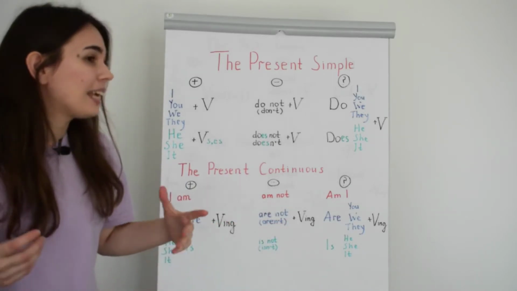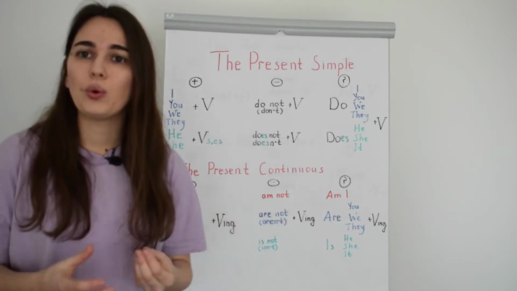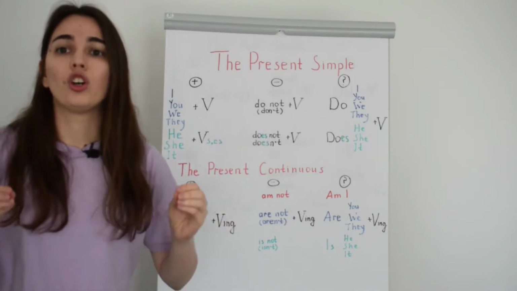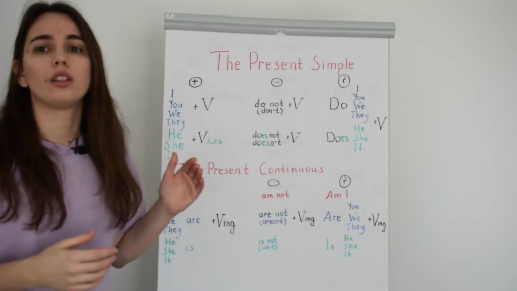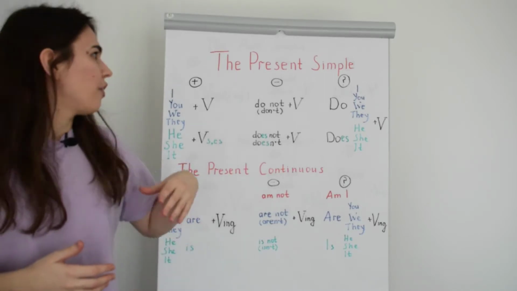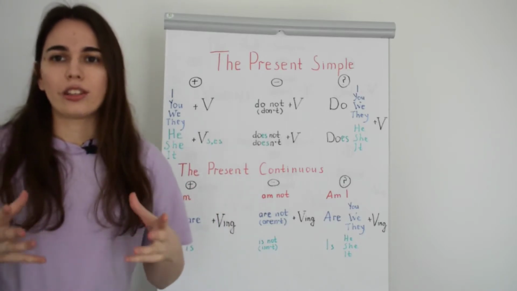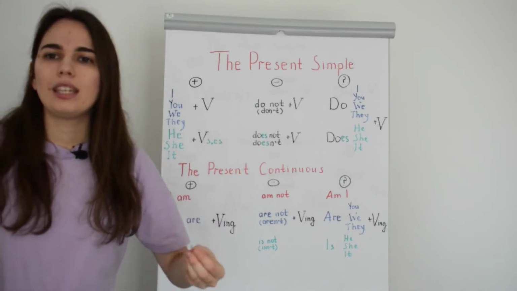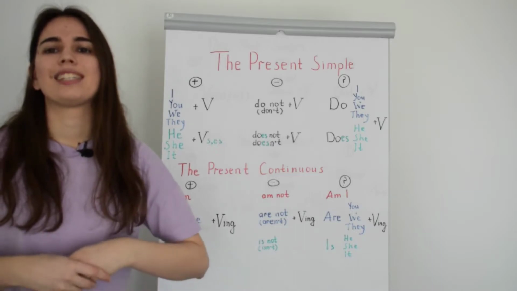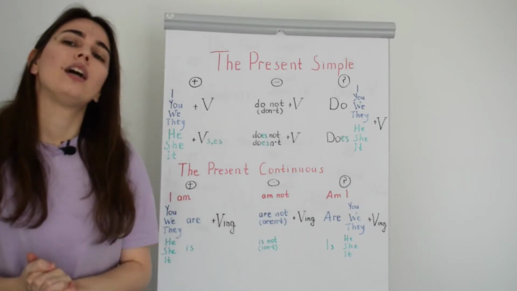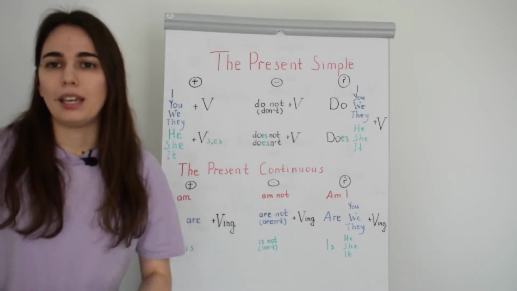And again, let's review it. Let's be sure we know these two tenses. Again, the present simple. We talk about general things, about our routine, everyday situations, something we do regularly, something we repeat.